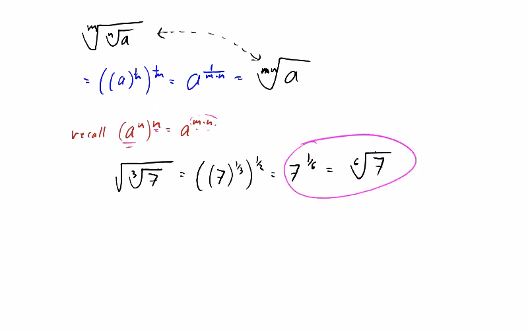So those are equivalent expressions, and so they would have the same value. So depending on the problem, if you start with the double radical, you should probably end using radical notation, whereas if you start with exponents given, then you should end with exponent notation.